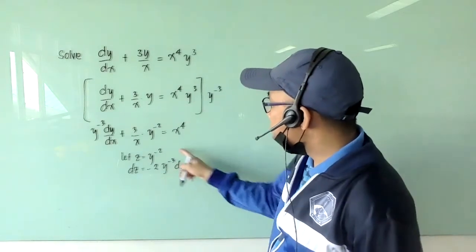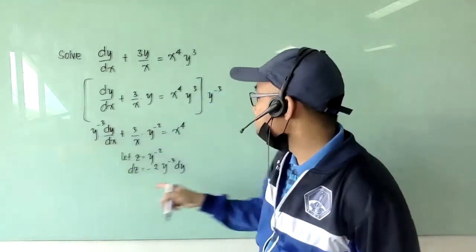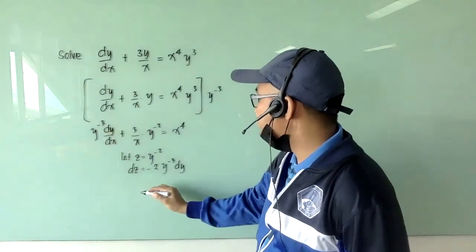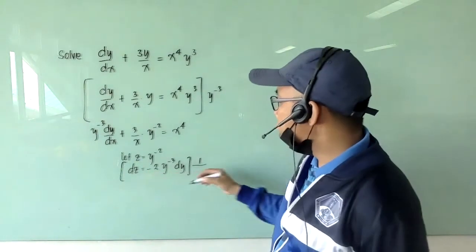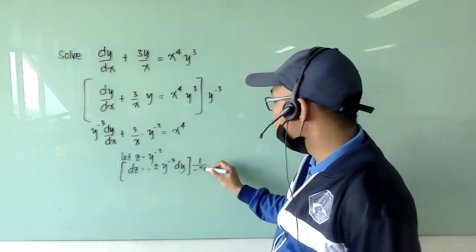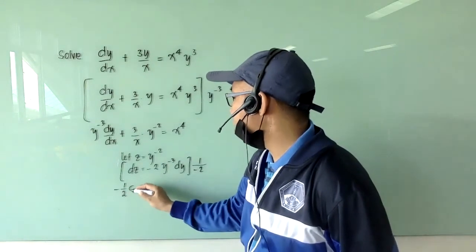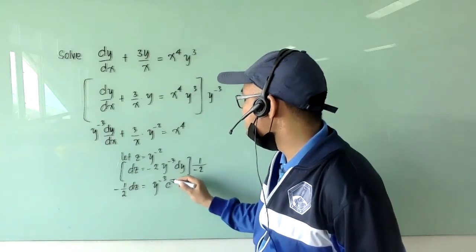You can see this expression in our equation. We divide both sides of the equation by negative 2, so we have -1/2 dz equals y^(-3) dy.